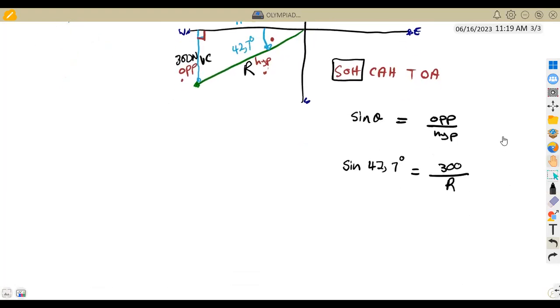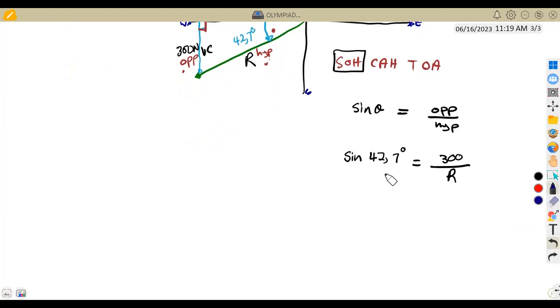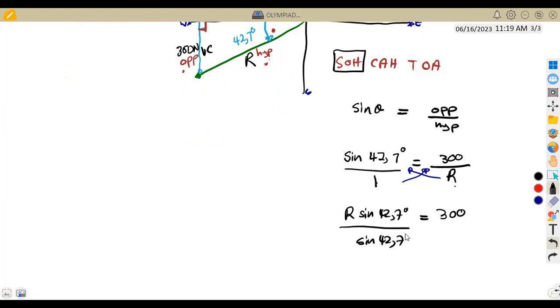So we can calculate our R, which is the resultant. We can play around with our values, remembering that this is the same as over 1 as a fraction. So we can cross multiply. That is R times sine 42,7 degrees, which is equal to 1 times 300, that is 300. So to find R, we divide both sides by the sine of 42,7 degrees.